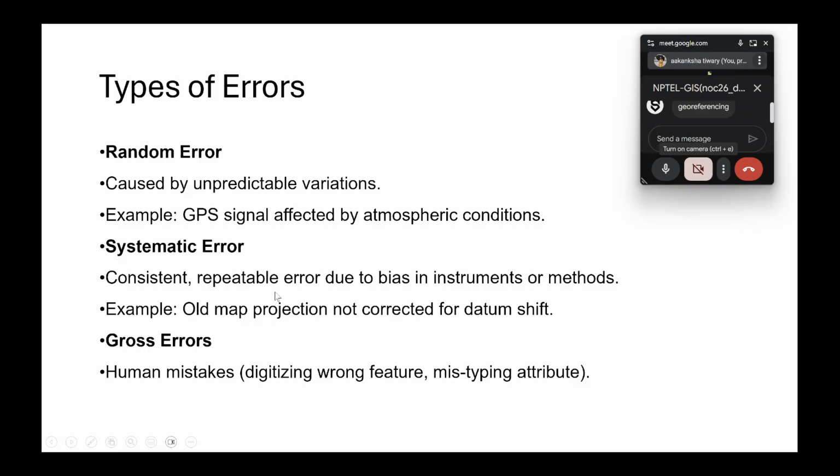Suppose you use an old map projection that has not been updated or corrected, it can introduce a systematic error. Then there are random errors, which are unpredictable variation. Suppose your GPS signal is affected by atmospheric conditions, that type of error is a random error. Okay.